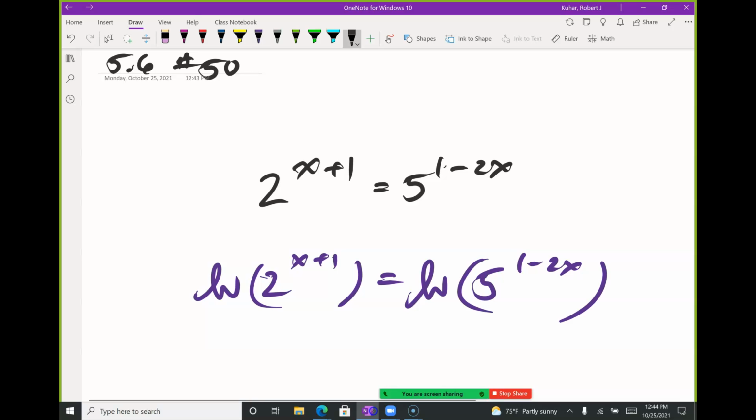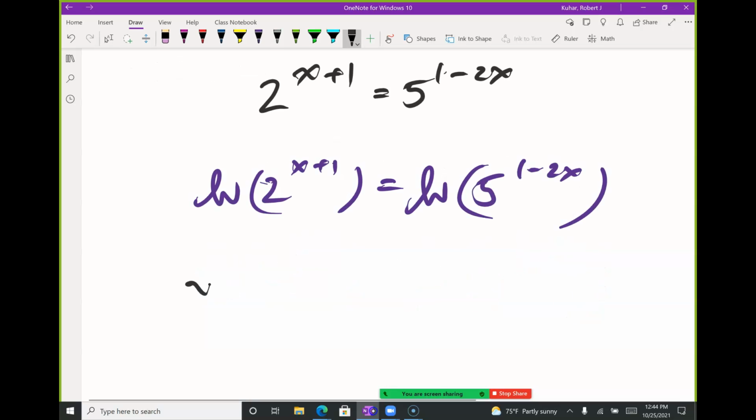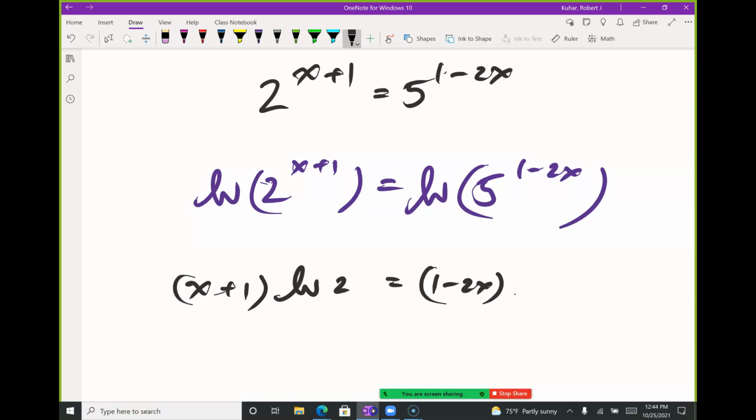Now I'm using my property that exponent can come down, right? If I have an argument with an exponent for a log function, I can bring that piece down. In this case, I have to be careful with the multi-term. So (x plus 1) times the ln of 2 equals (1 minus 2x) times the ln of 5. How are we doing?